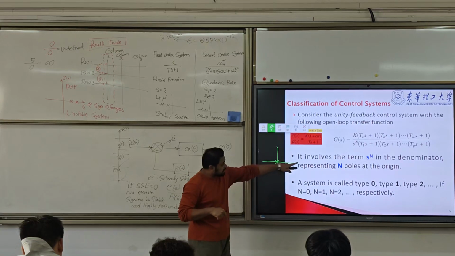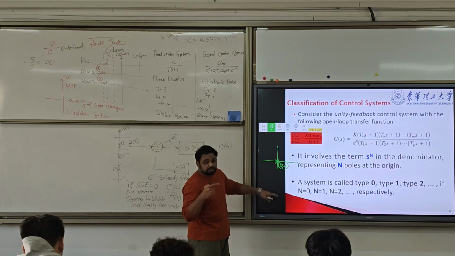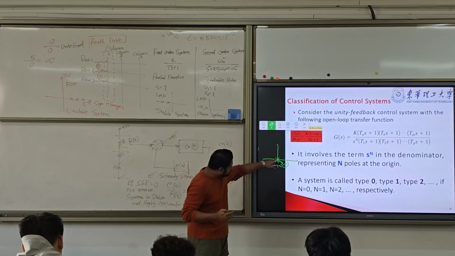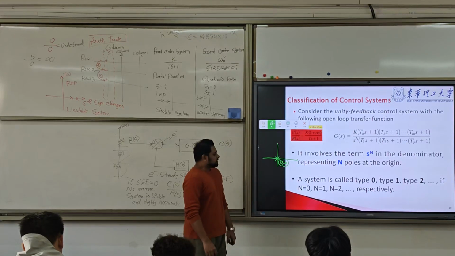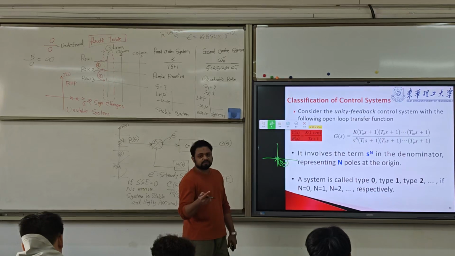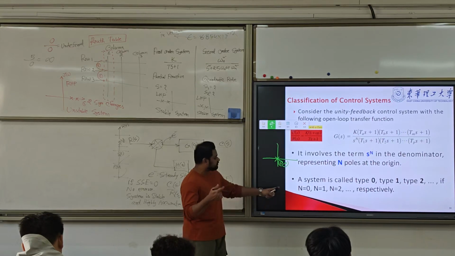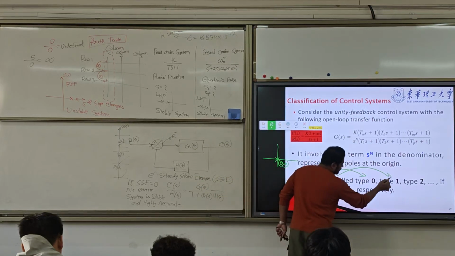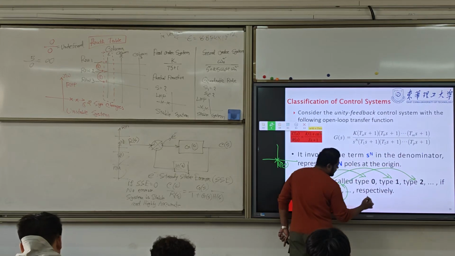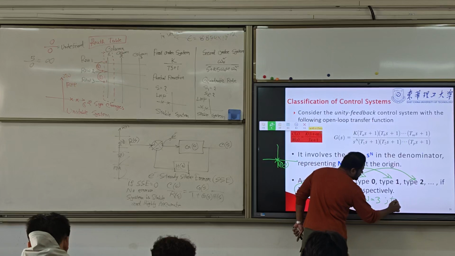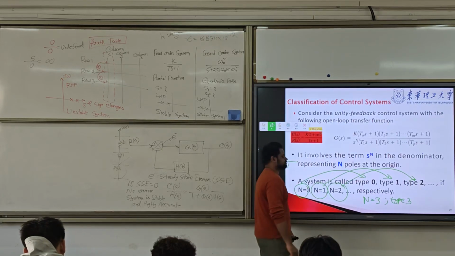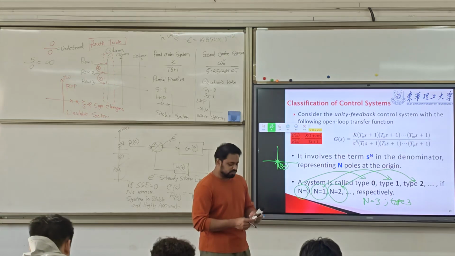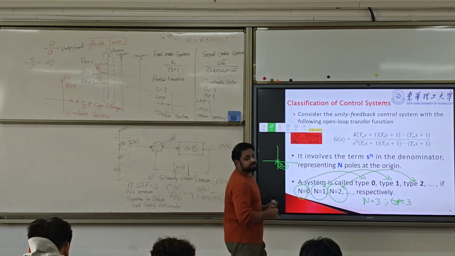N is the number of poles at the origin. So n equal to 1 is 1 pole, n equal to 0 is 0 poles, n equal to 2 is 2 poles at the origin. A system is called type 0, type 1, type 2 if n equals 0, 1, 2. For n equal to 0, the system is type 0. N equal to 1, type 1. N equal to 2, type 2. And n equal to 3, type 3. So n defines the type of system. We need to understand the type of system.